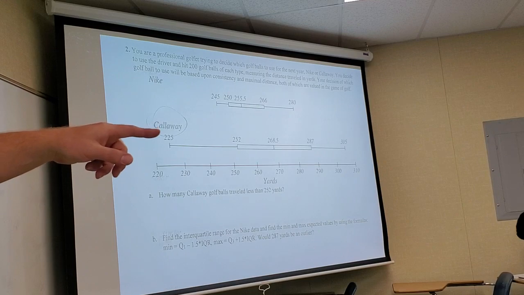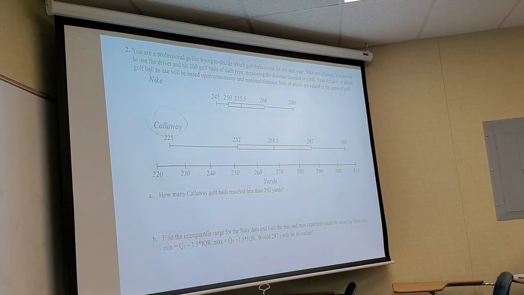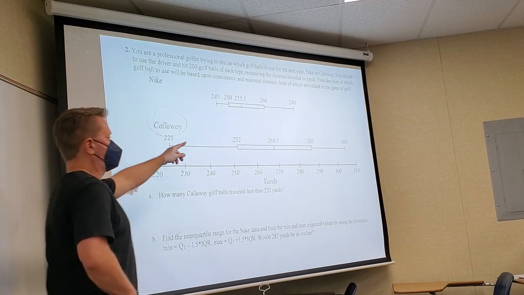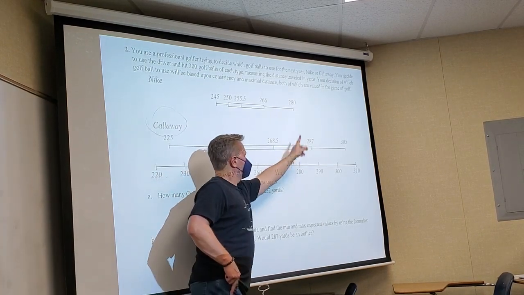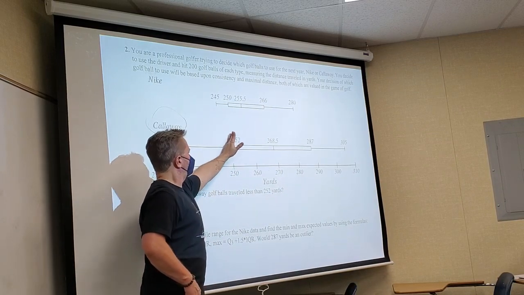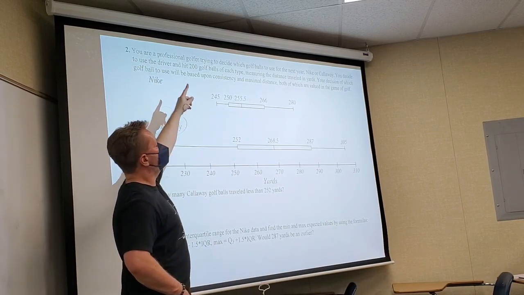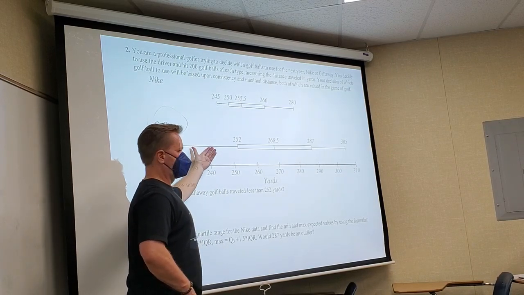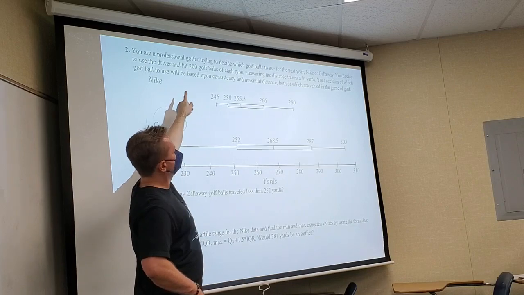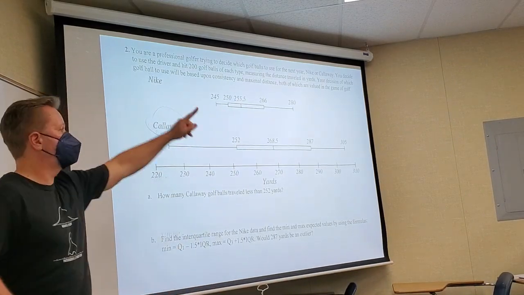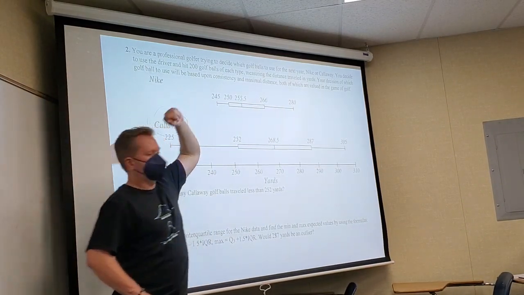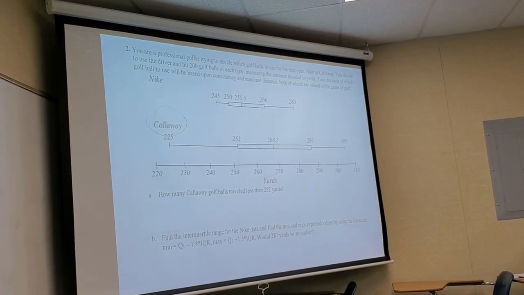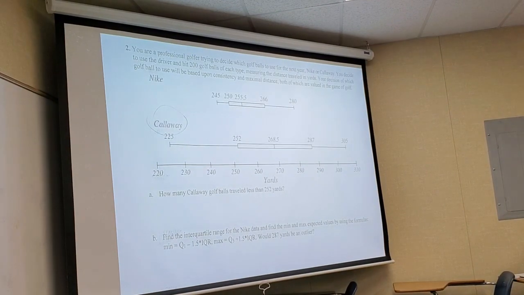So 252 is the first quartile, correct? Minimum, Q1, Q2, Q3, maximum. That's the first quartile, 25% or below that. So to figure out how many golf balls went less than 252 yards, I just have to take 25%, or 1/4, of 200 golf balls. So 200 divided by 4, or 200 times 0.25.